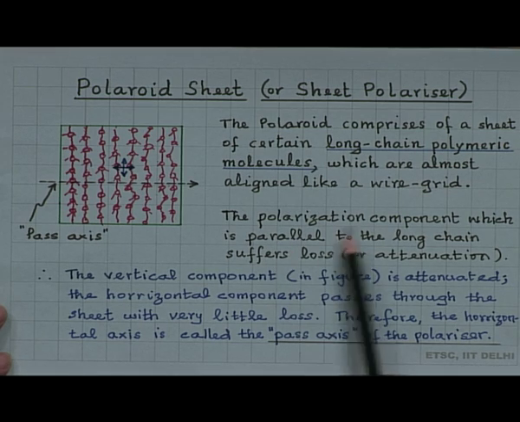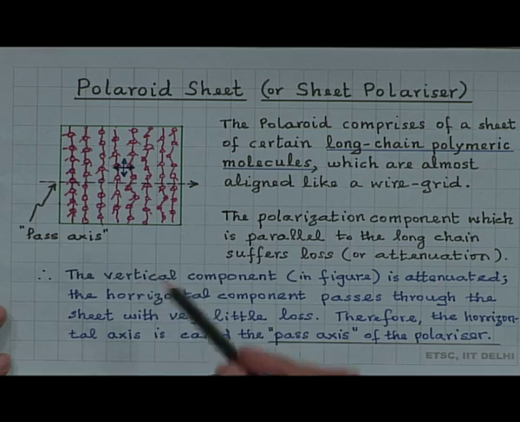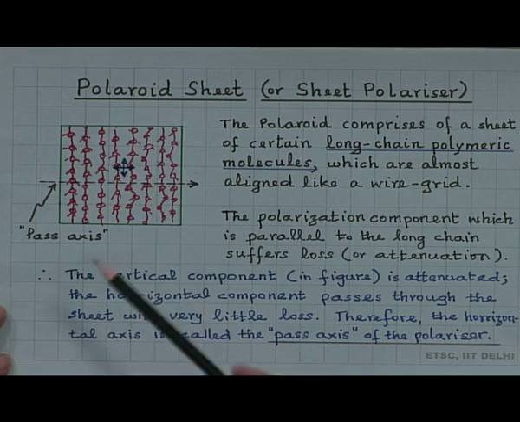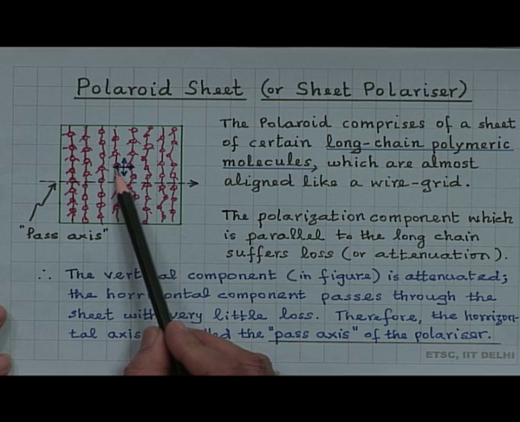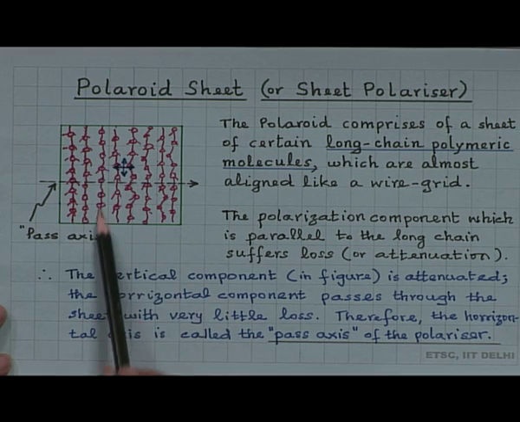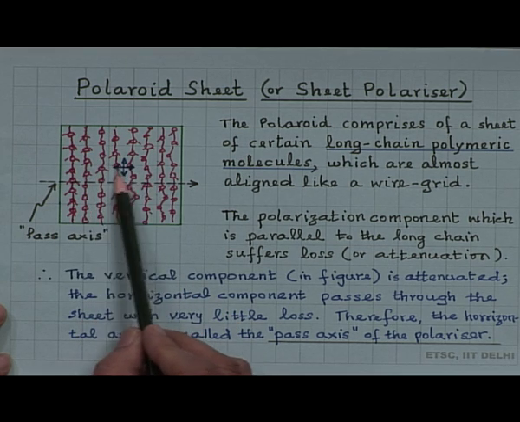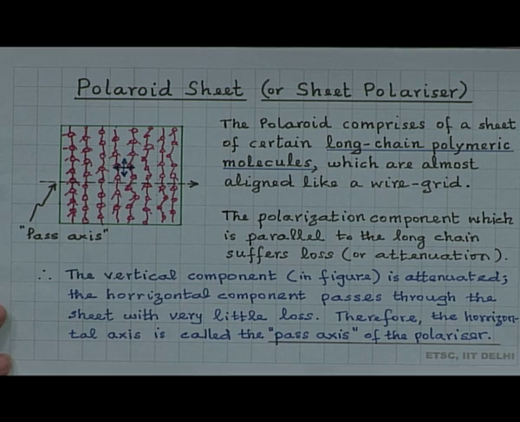Now, the polarization component which is parallel to the long chain suffers loss. If unpolarized light is incident like this, that is what is shown here, unpolarized light comprising two orthogonal components. We have resolved one of the components along the molecule and another component perpendicular to these long chains.